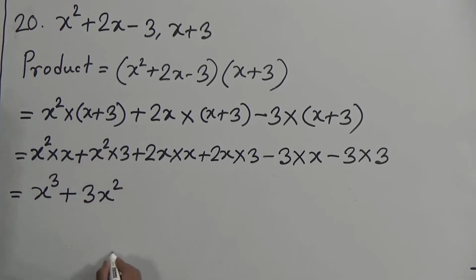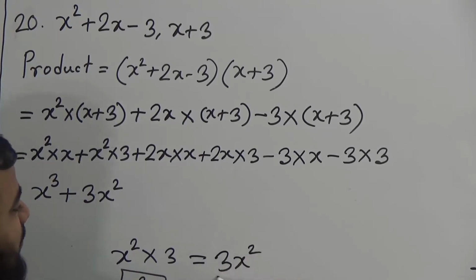My dear students, look, x square multiplied with 3, you can't write x square 3. This is the wrong formula. In class 6 you learned that the numeral must be written in front of the variables. So the right formula is 3x square.